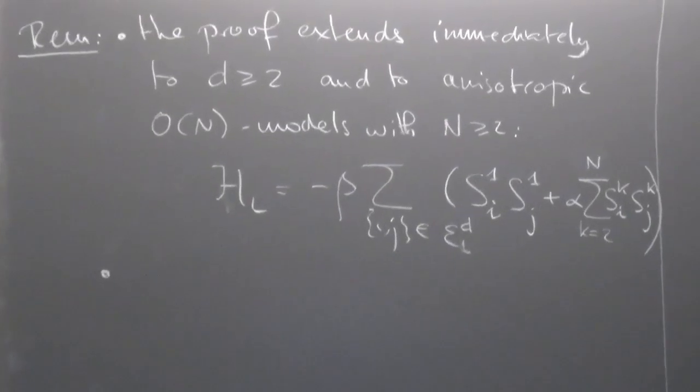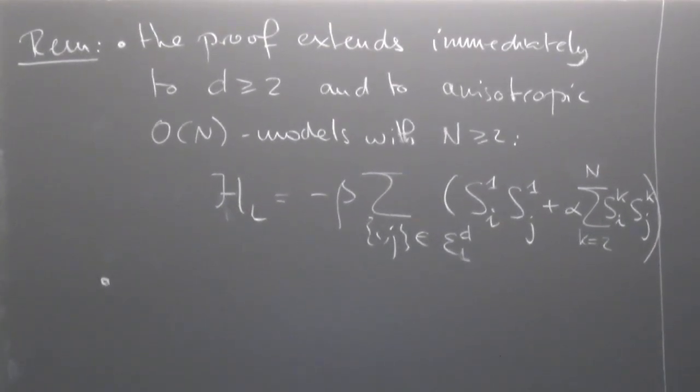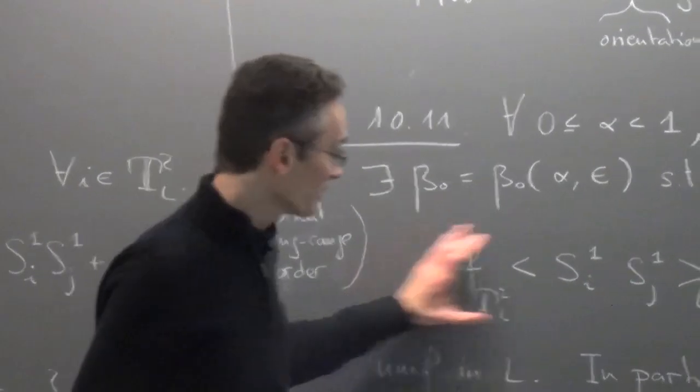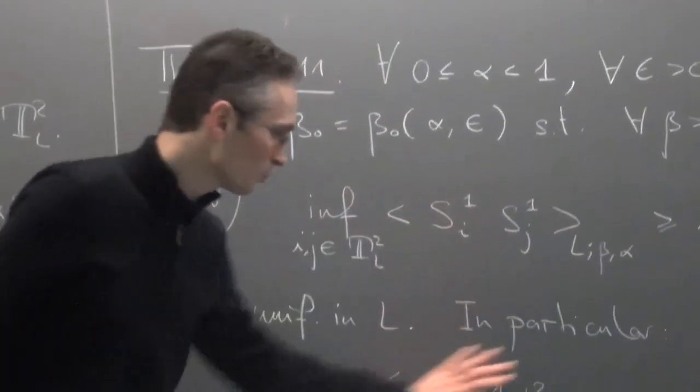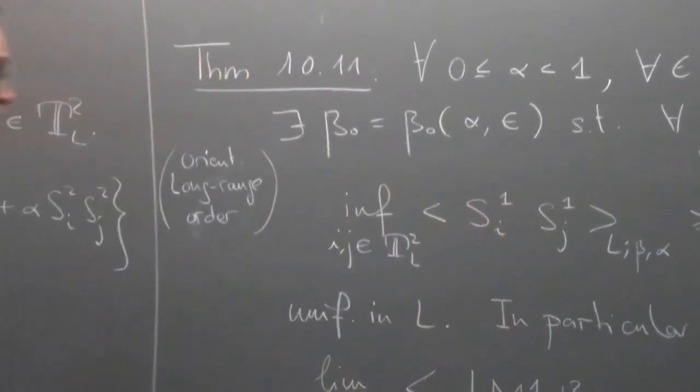I think there were a couple of others. Yes, one thing which is important is, as you see here, I'm only proving orientation along range order in two different statements, but each time it's just a statement of orientation along range order.